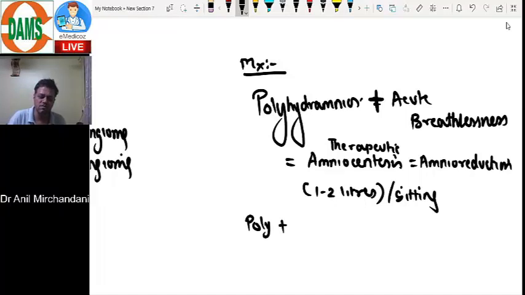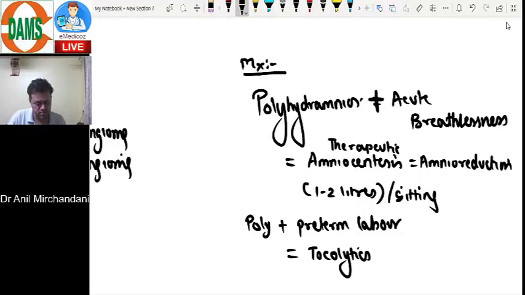Then polyhydramnios plus preterm labor. Polyhydramnios, since there is over distension of uterus, there can be preterm labor. You are supposed to give tocolytics. Tocolytics are indicated up to 34 weeks. After 34 weeks, wait and watch.